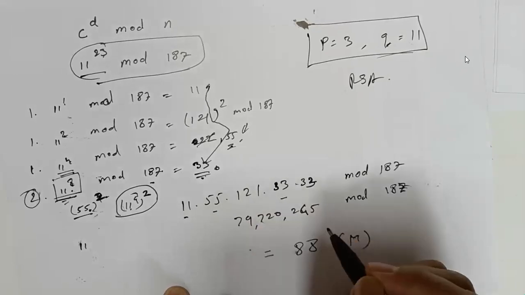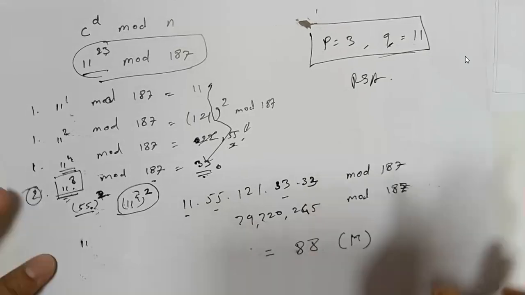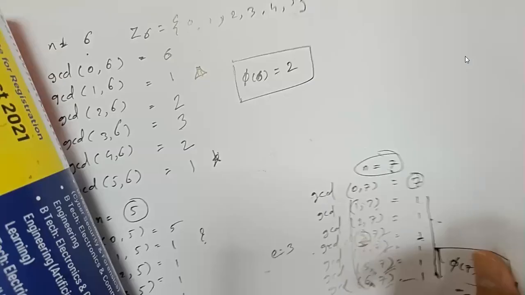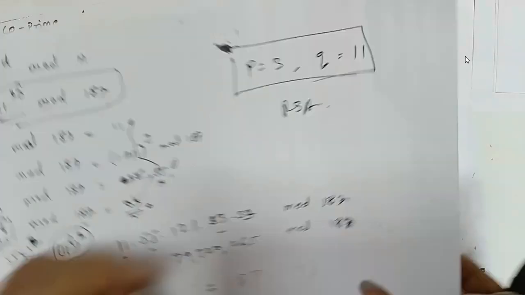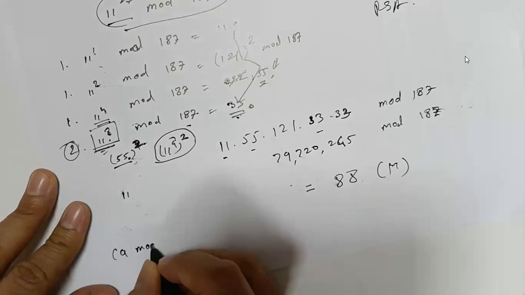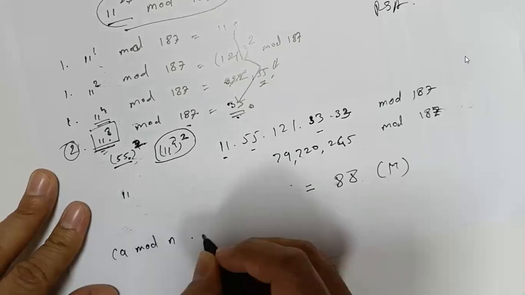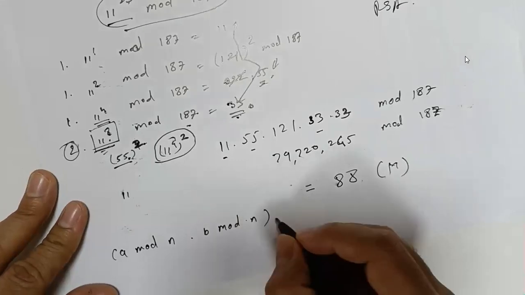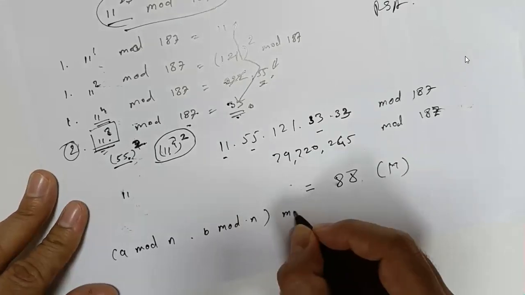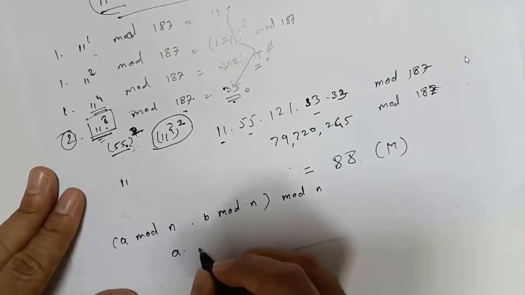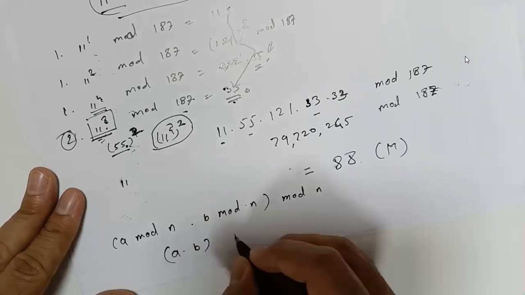Yeah, because what we are doing here is we are using the modular arithmetic property. If you remember, A mod n into B mod n, of mod n, if you want to find out this, then it is equal to A into B mod n.